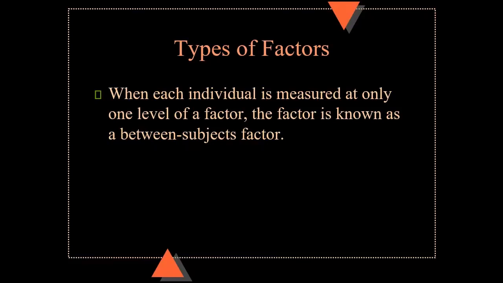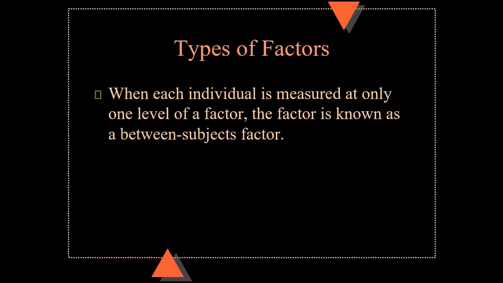When we looked at the two-factor design, both of those factors were between subjects factors. We had organized and disorganized lecture as one factor, and the other factor was type of note-taking, outline, linear, or matrix.